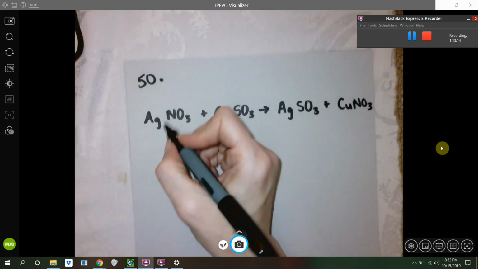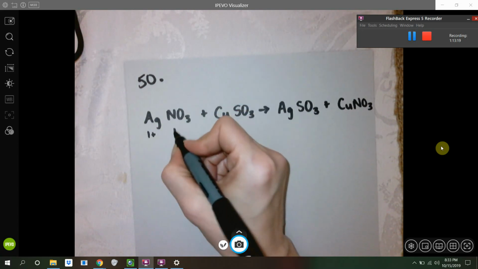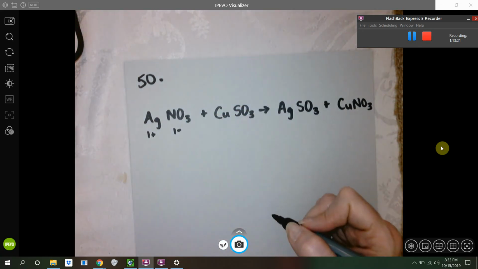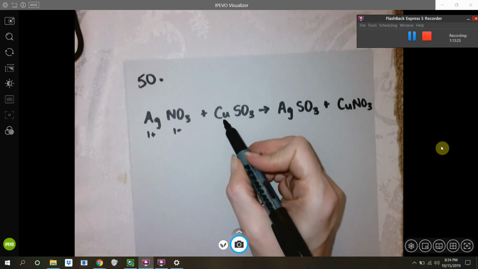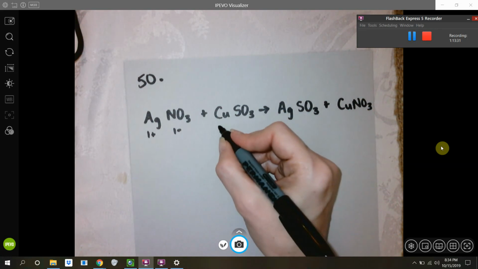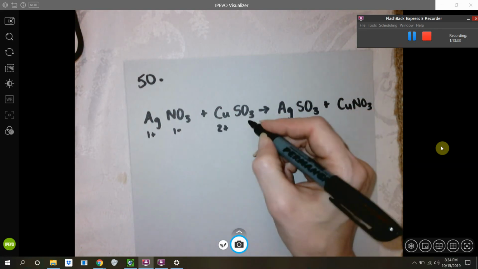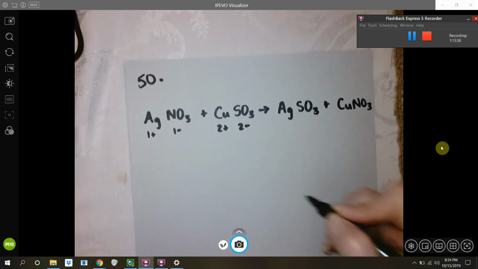Let's check all our charges. Silver is 1 plus, nitrate is 1 minus, so we're okay there. Copper, now we have to check the name to find out the charge of this copper because the periodic table won't clarify for us. So it says copper 2 sulfite, so this will be 2 plus. Sulfite is 2 minus, so we're okay there as well.